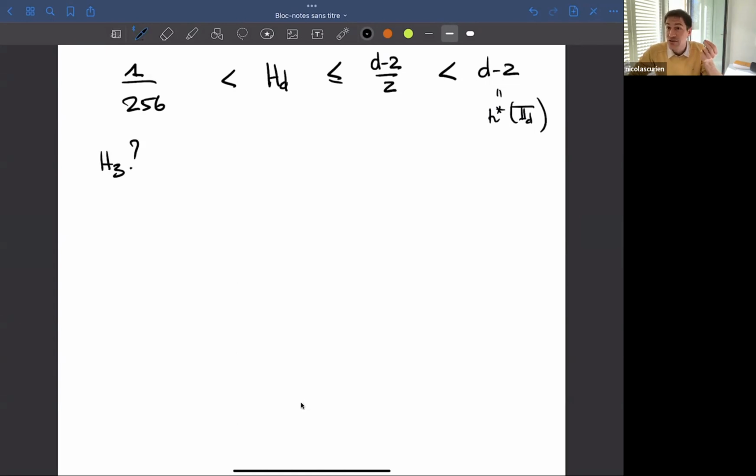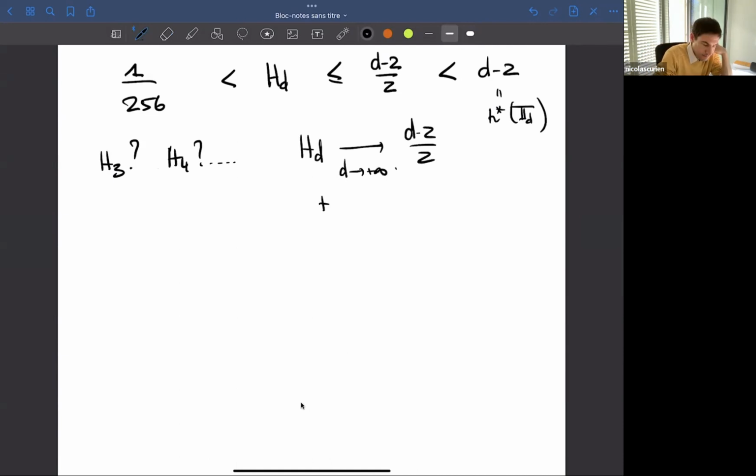This number H_3, the maximal Cheeger constant over 3-regular graphs for large n, I don't know. H_4, what is it exactly? What we know is that H_d, when d goes to infinity, will tend to d minus 2 over 2. And we have also rates. But this is already very, very cutting edge research. But H_3, we don't know. And we don't know what are the graphs that should maximize the Cheeger constant. Are they Ramanujan graphs? I don't know.